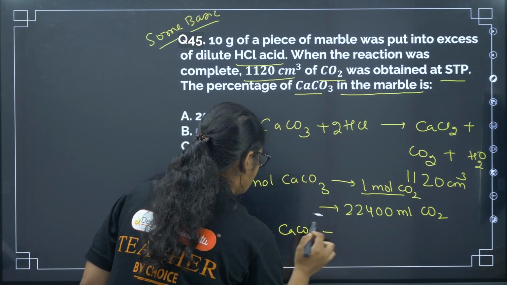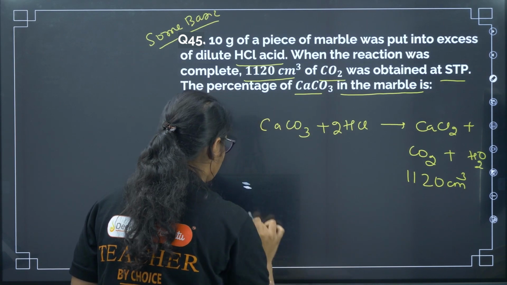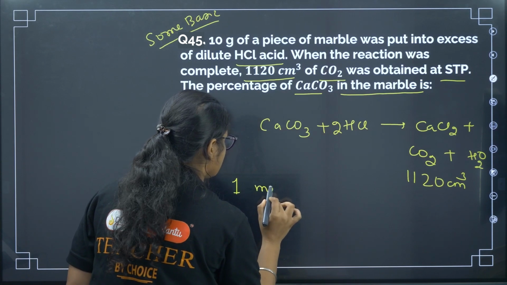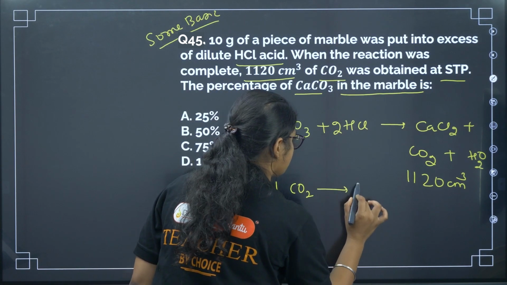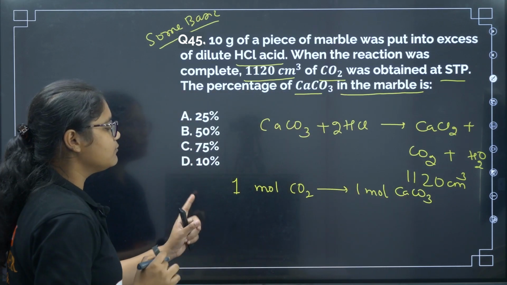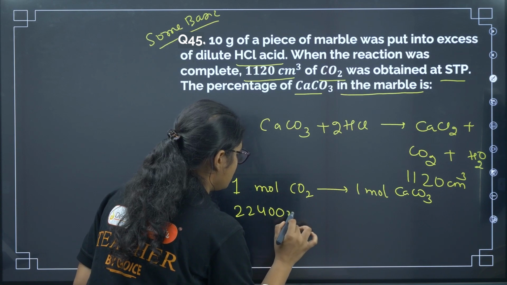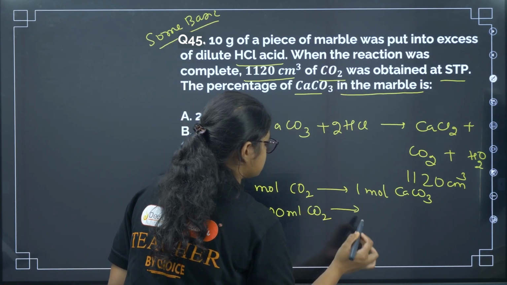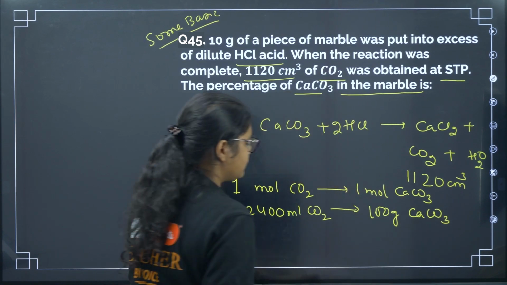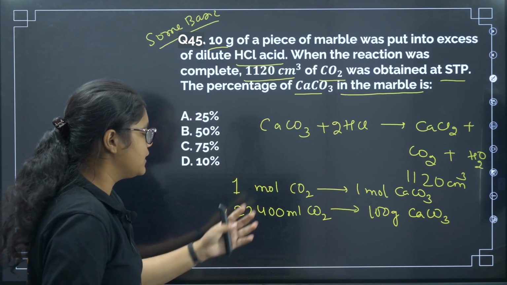See here, we can also say that 1 mole of carbon dioxide is produced from 1 mole of calcium carbonate, right? Now 1 mole of CO2 means how much volume? 22,400 ml of CO2 is produced from 100 gram of calcium carbonate, right? I am putting this one on volume, this one on mass, because volume is given and we need mass also for calcium carbonate.